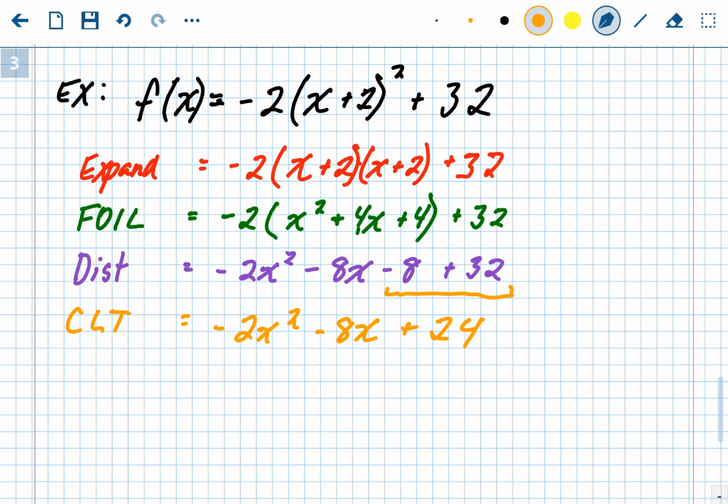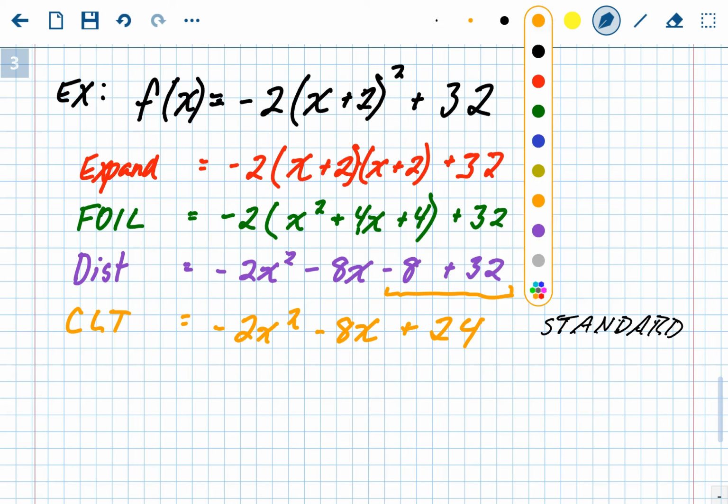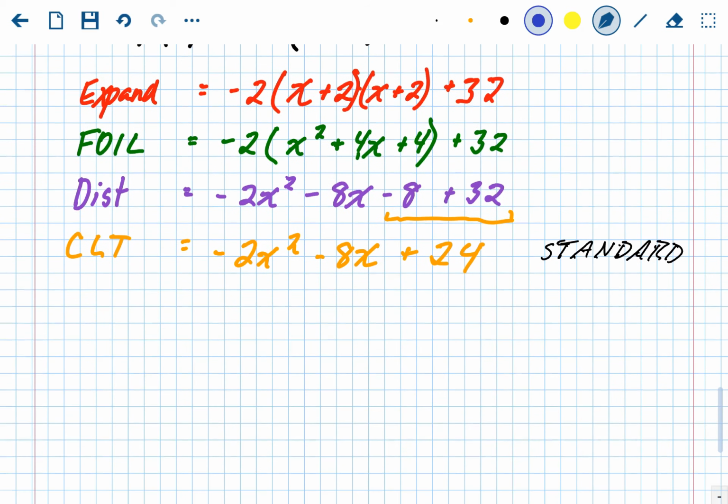All right, so that is now in standard form. Now we're going to go from standard to factored. So first up, we're going to have to find a factor.